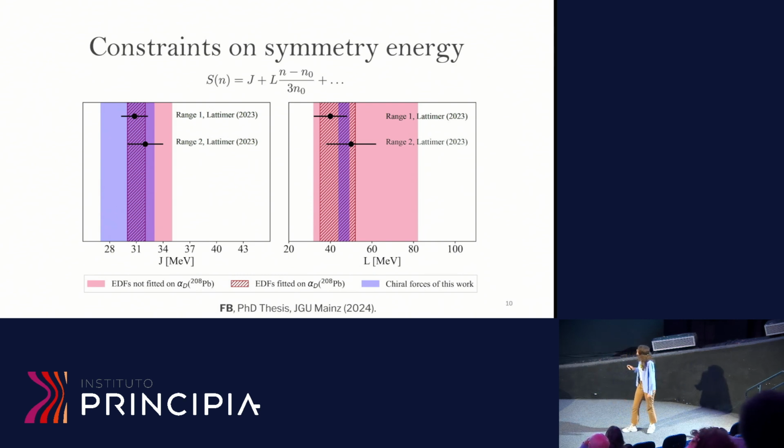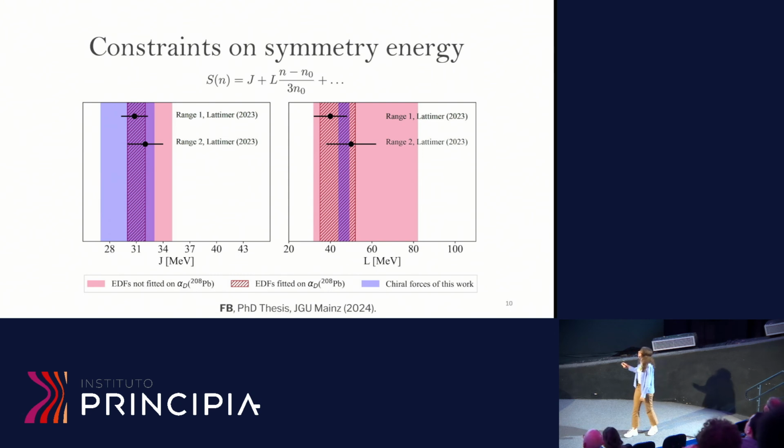In particular, it is interesting to look at the comparison between the full red band and the hatched red band. In this case, we see that the EDFs which are fitted on the polarizability of lead-208 are indicating lower values of J and L, and they are also shrinking somehow the constraint.